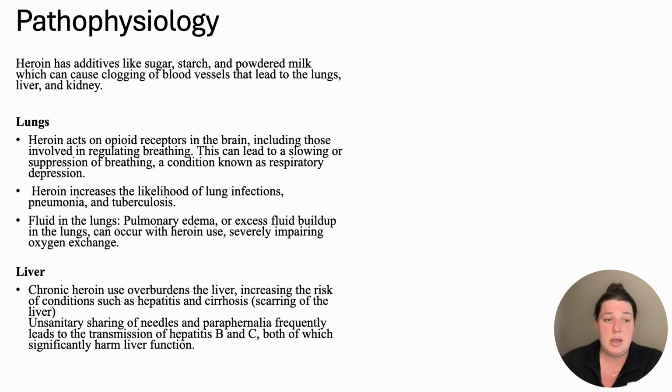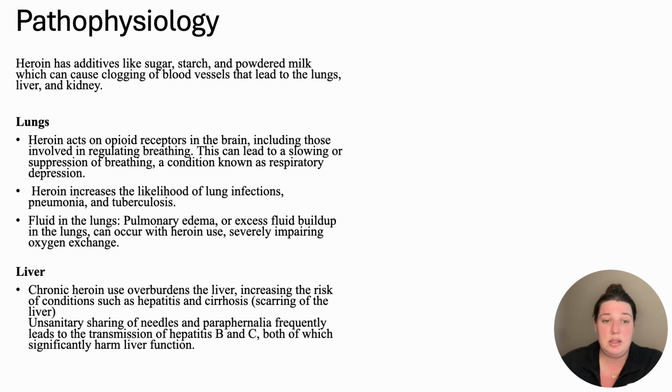The lungs: heroin acts on opioid receptors in the brain, including those involved in regulating breathing. This can lead to slowing or suppression of breathing, a condition also known as respiratory depression.